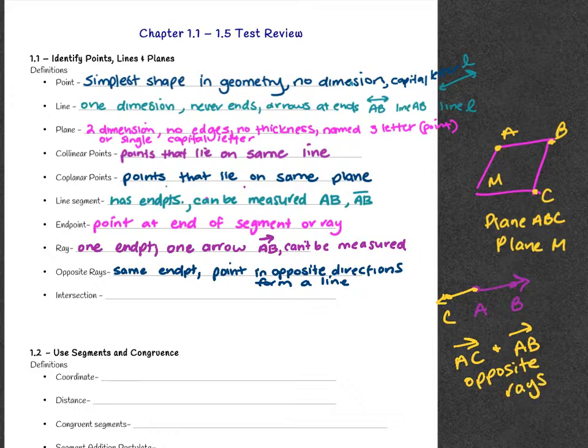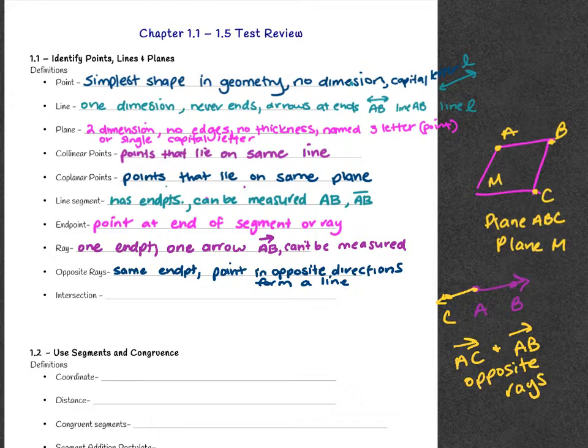So ray AC and ray AB in that diagram are opposite rays. Be careful how you name them. Remember, you guys made mistakes on your quiz, like how you ordered those letters. Make sure the arrow goes over the arrow. The endpoint should be what's shared.